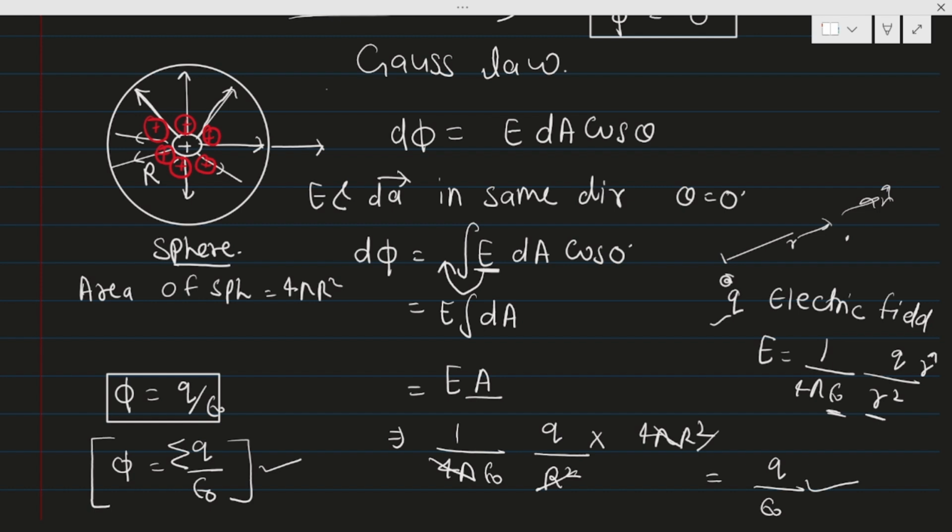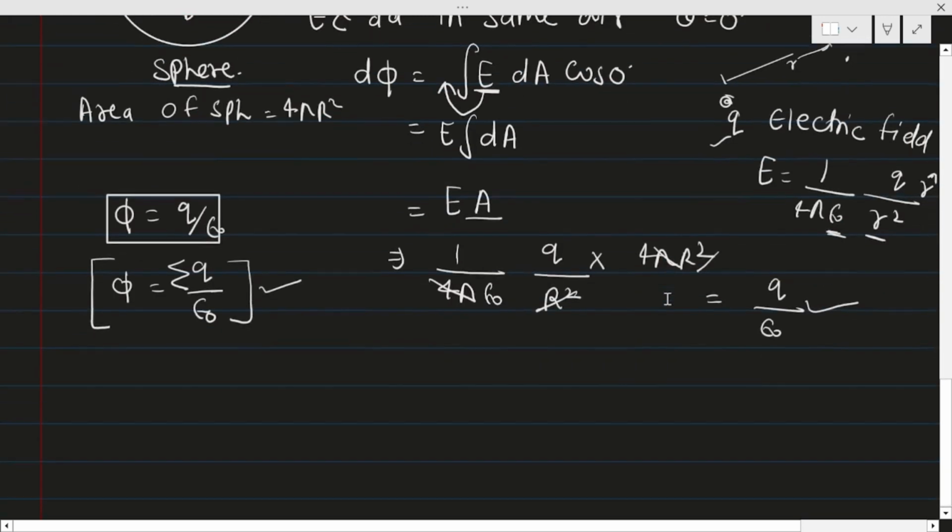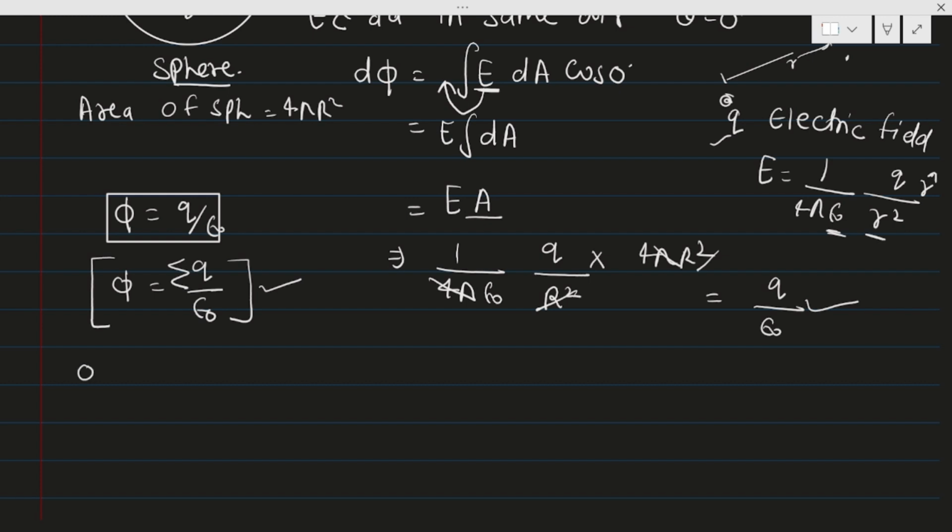And here epsilon naught is the permittivity of free space, and what if after the calculation I get zero flux? Zero flux does not mean there is no charge inside.